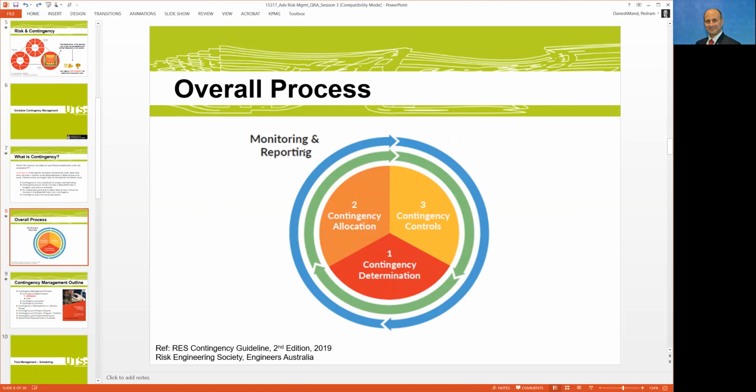In terms of the overall process, by referring to the document on the next slide, I will introduce it a bit more. It's a risk contingency guideline, a document that RIS started to develop from 2013. The second edition was released in 2019, and it's a very good document.